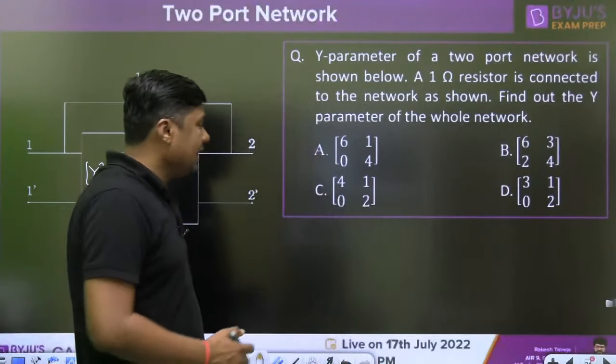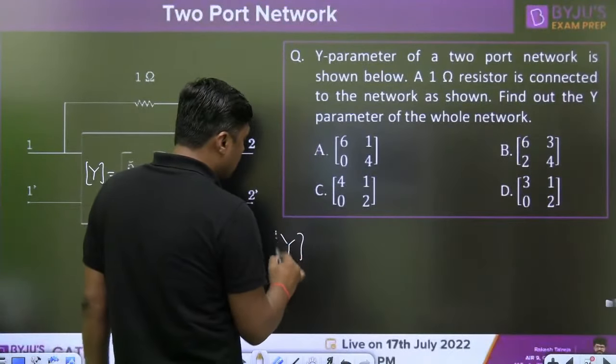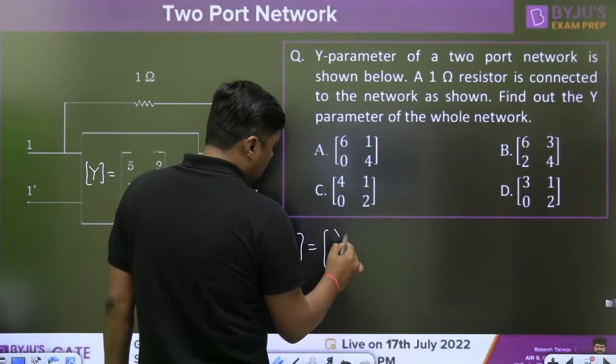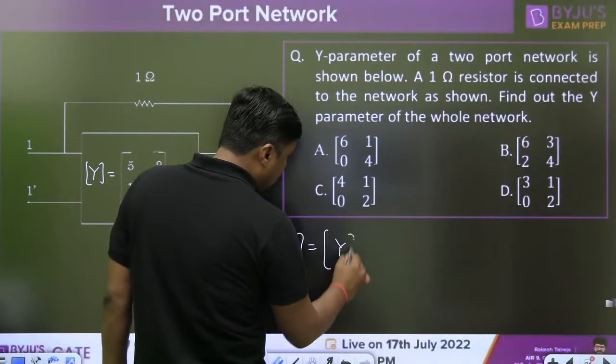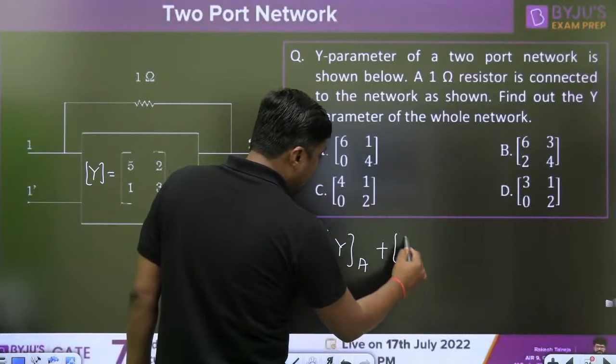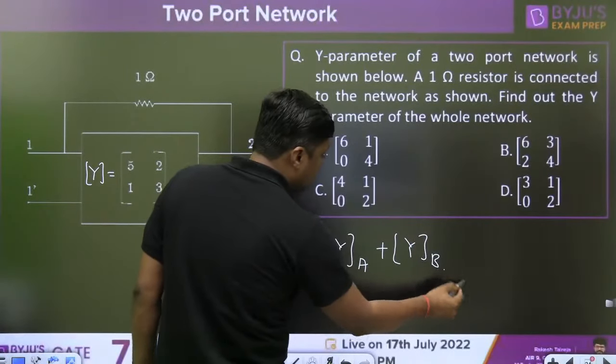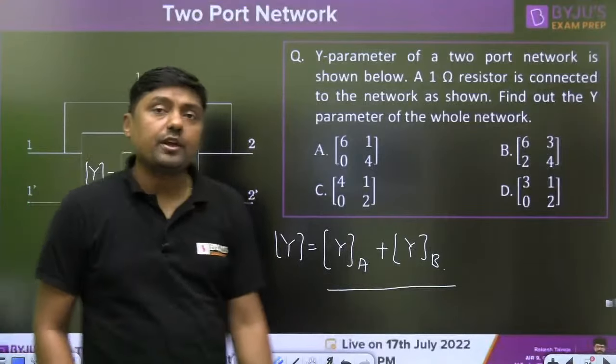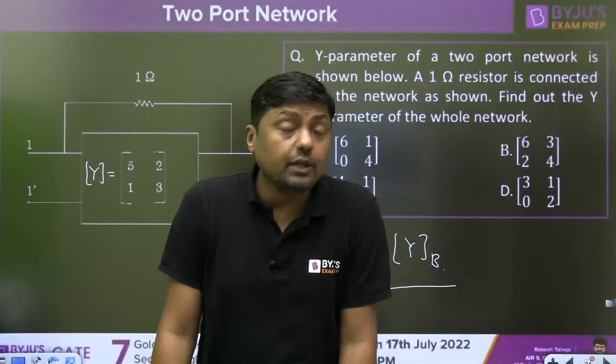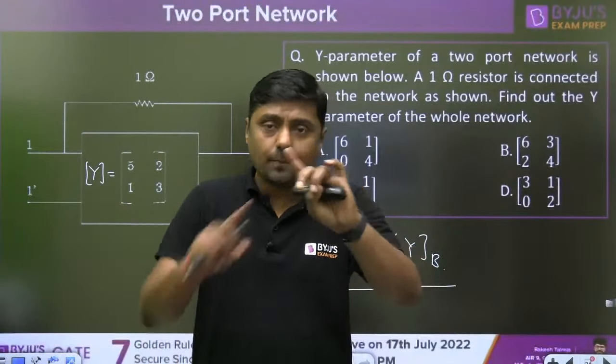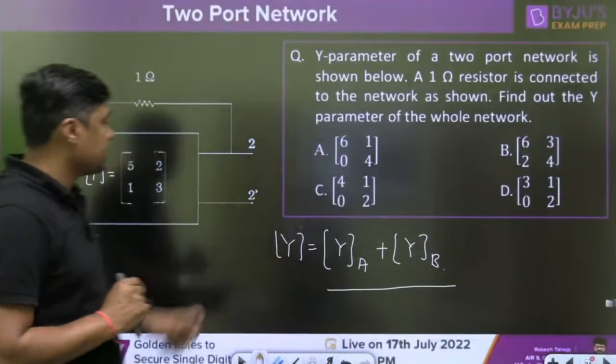And for a parallel network, Y parameter is equal to Y parameter of A network plus Y parameter of B network. You have to find the parameter of A network and of B network, then you can find the parameter of the complete network, that is called parallel connection.